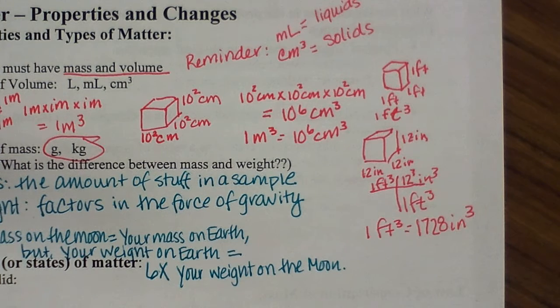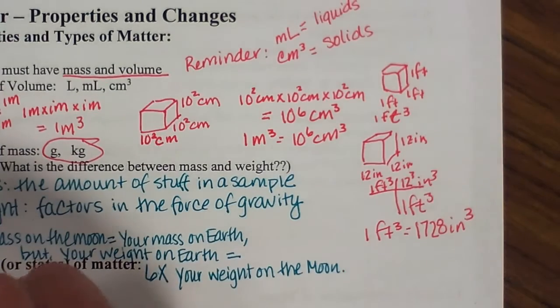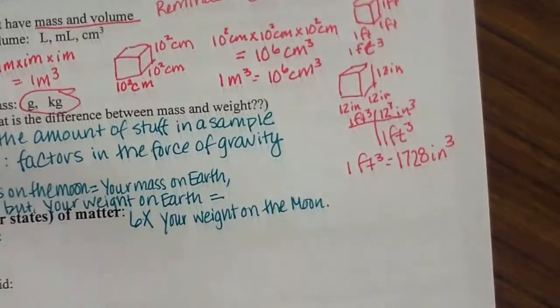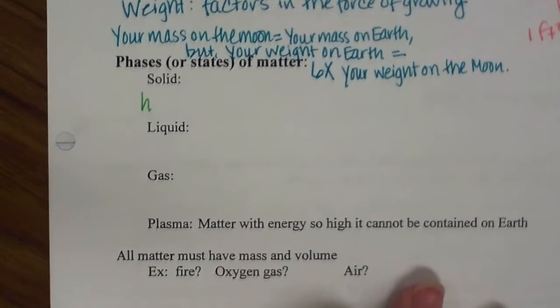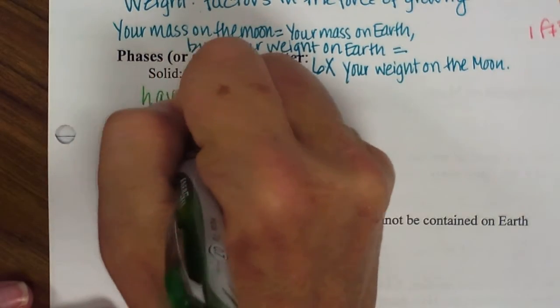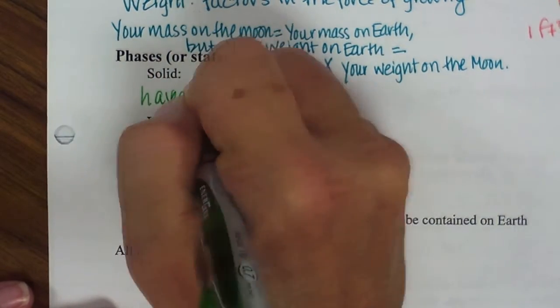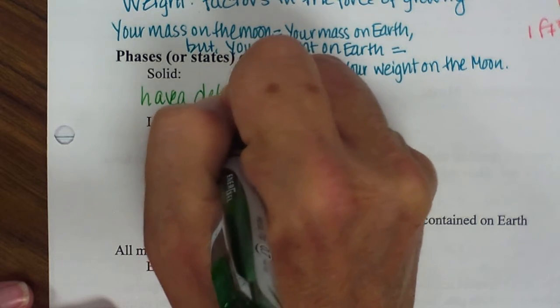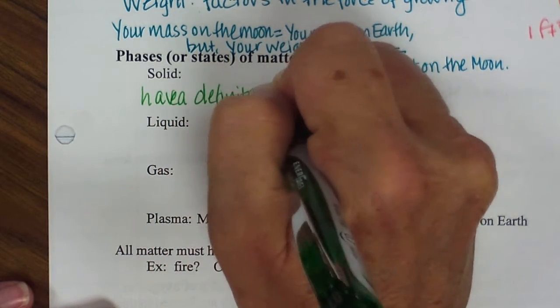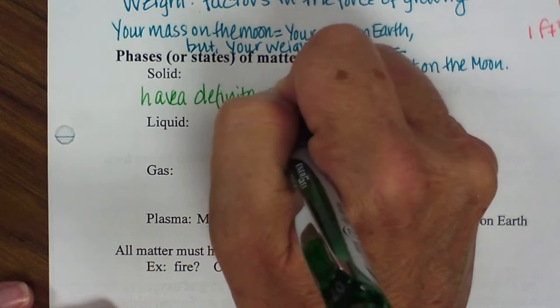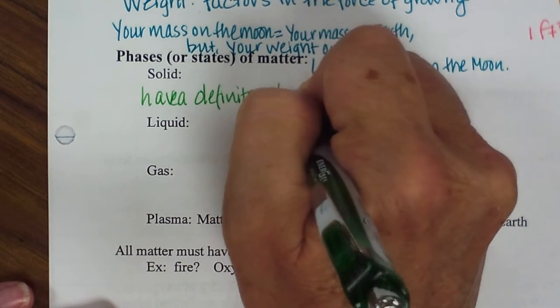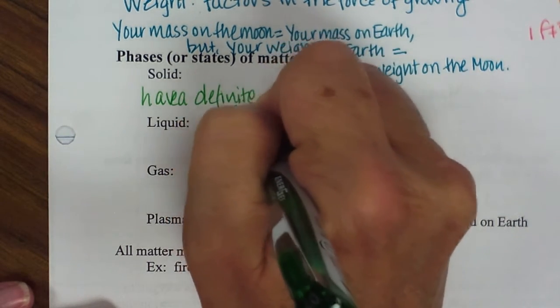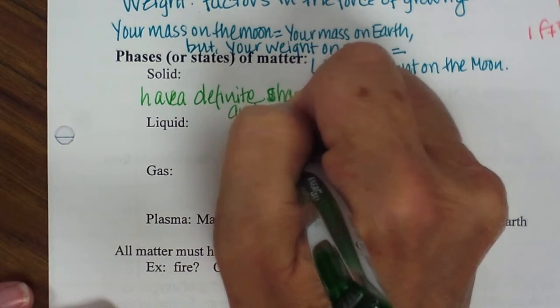Next, we want to look at the states of matter, and how mass and volume actually play into it. For example, solids have a definite shape and a definite volume.